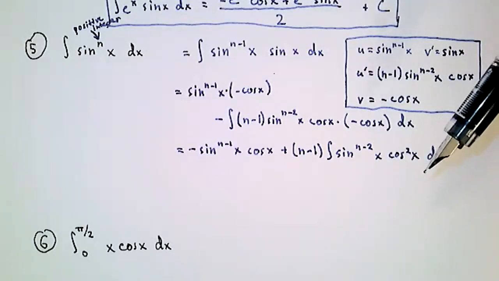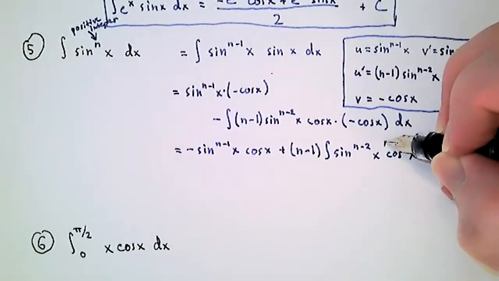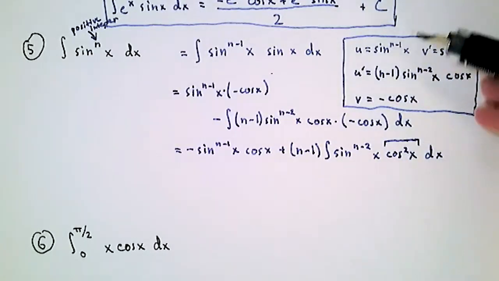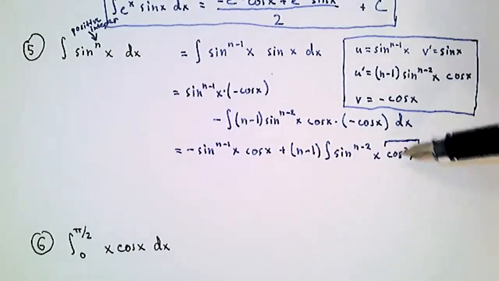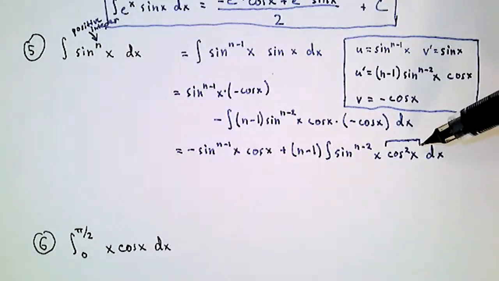Is there anything else that we know? Like I said, we had a trade-off between sine and cosine, and we ended up with a cosine squared. Can we use cosine squared? Is that useful? What do you think?